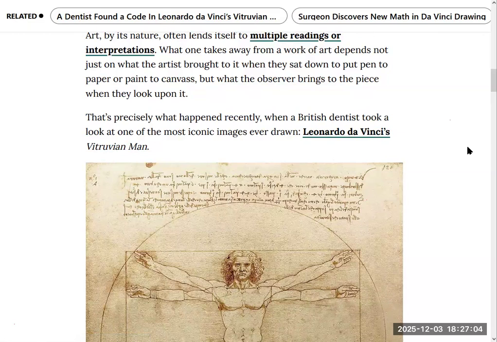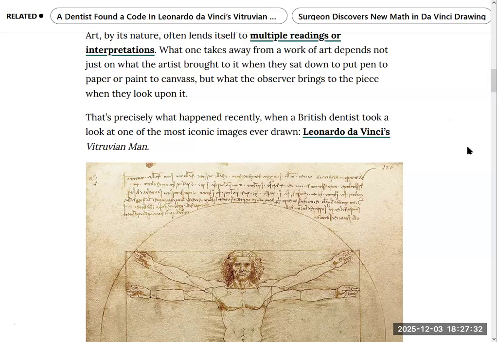What one takes away from a work of art depends not just on what the artist brought to it when they sat down to put pen to paper or paint to canvas, but what the observer brings to the piece when they look upon it.